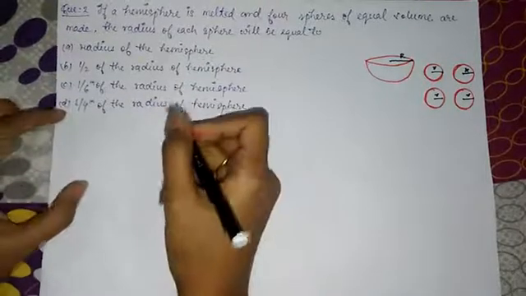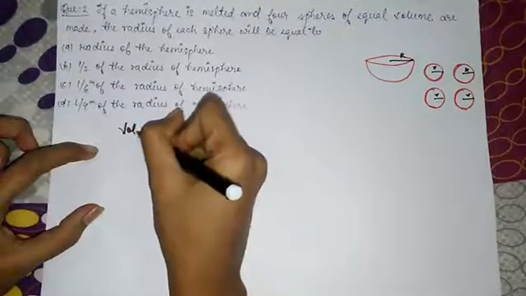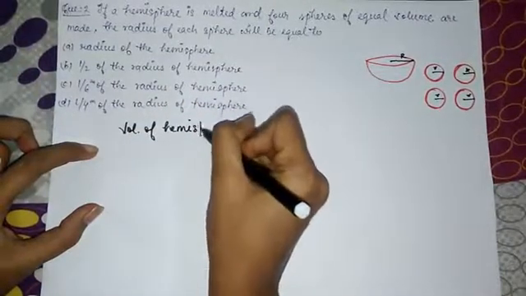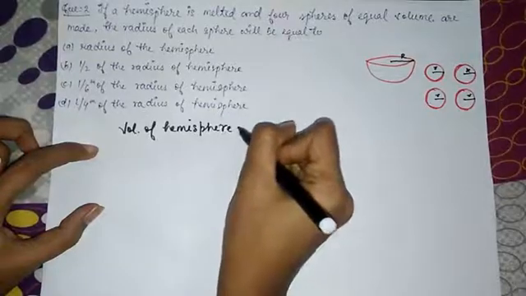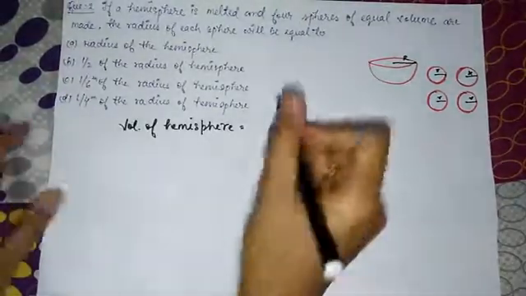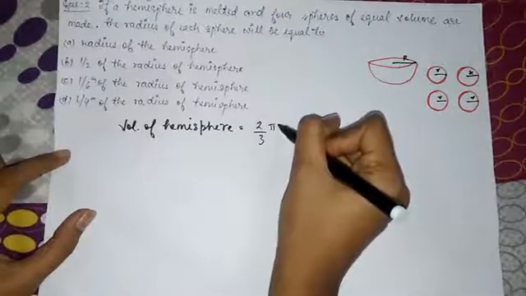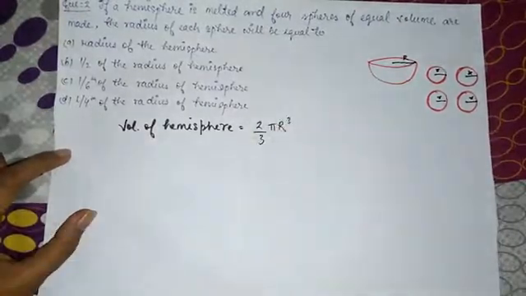What is the volume of hemisphere? We just did. Volume of hemisphere is equal to 2 by 3 pi R cube.